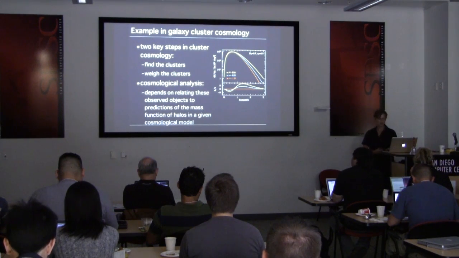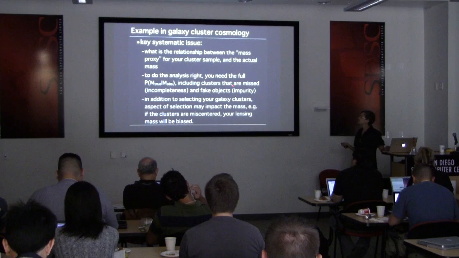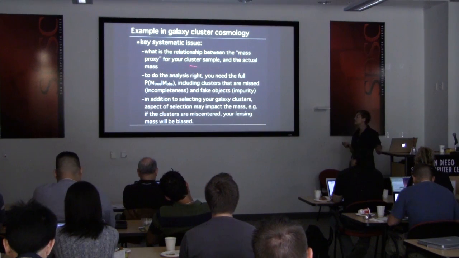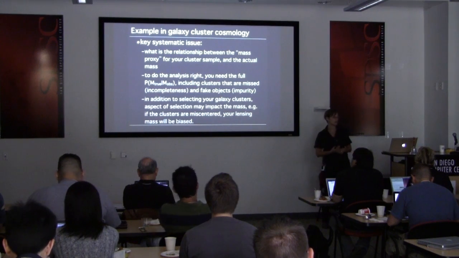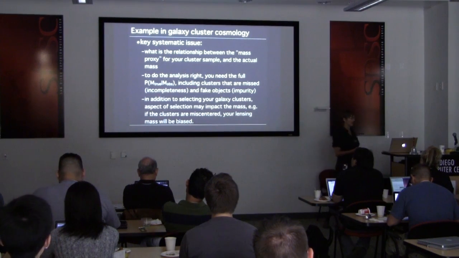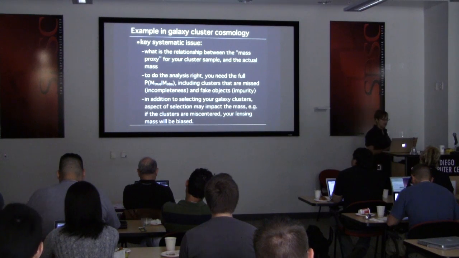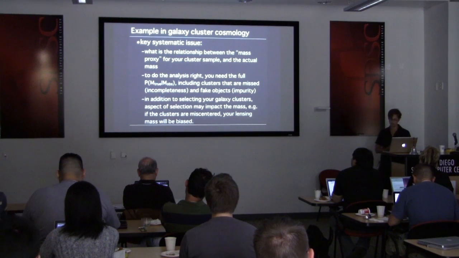Okay. So the key systematic is what is the relationship between your mass proxy for your cluster sample. You've got some observable which you think is related to the halo mass, but it's not the halo mass, the actual mass of the system.